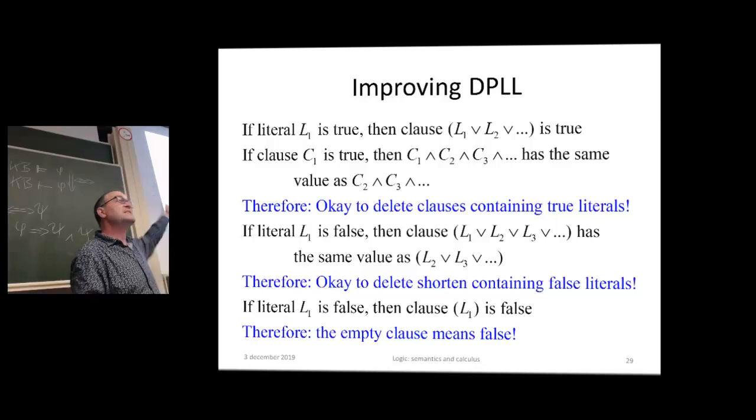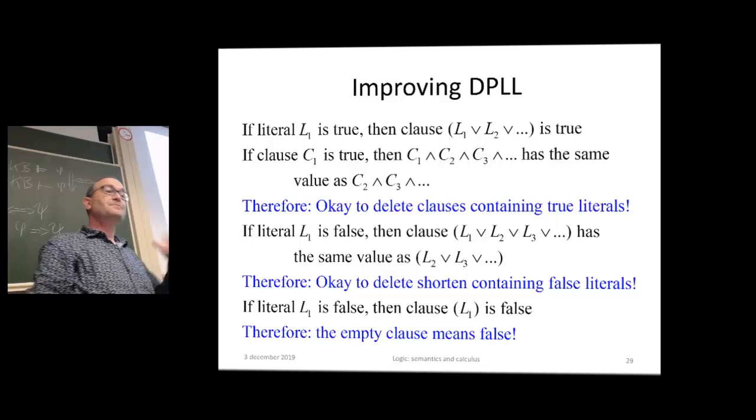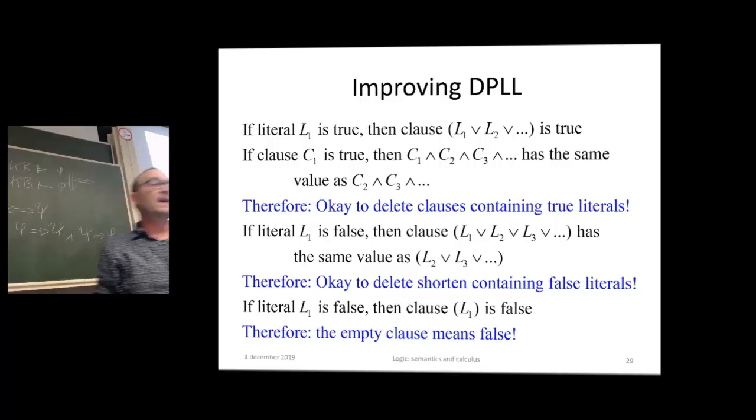And here are some ideas. If I have a literal, which is either an atom, a propositional letter, or its negation, and if I can make that one true, then the whole clause is true. That's an observation, and we can make use of that. So it is okay to delete clauses that contain true literals. And for literals where we know that they are false, we can shorten the clauses.